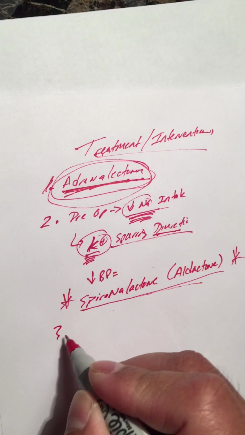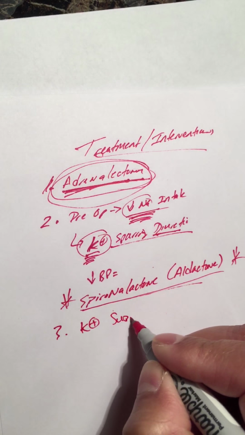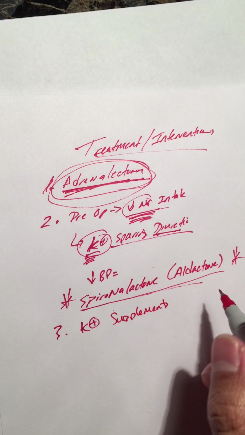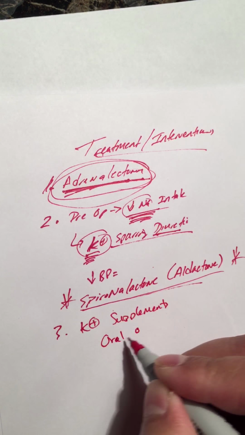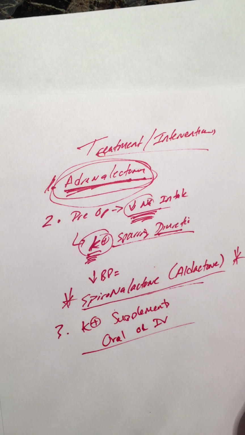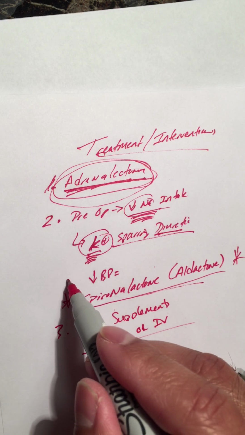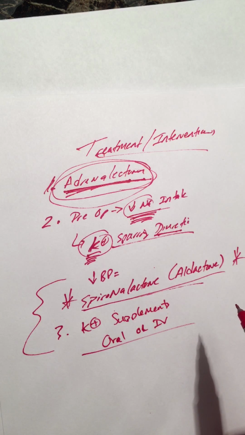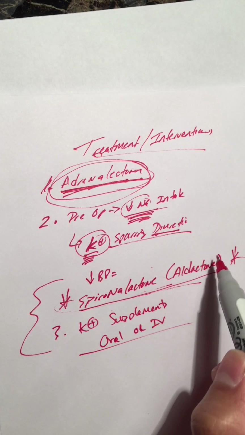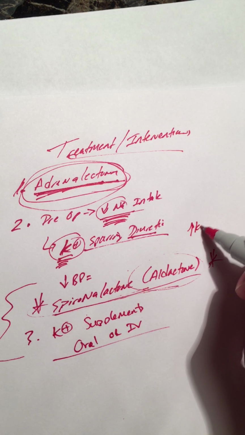Now, something else can be done. Potassium supplements may be given. This can be oral or IV, depending on the amount or the severity of hypokalemia. But most times you will not give these two at the same time, because if you have a potassium sparing diuretic like spironolactone or aldactone, that on its own is going to bring potassium levels up.